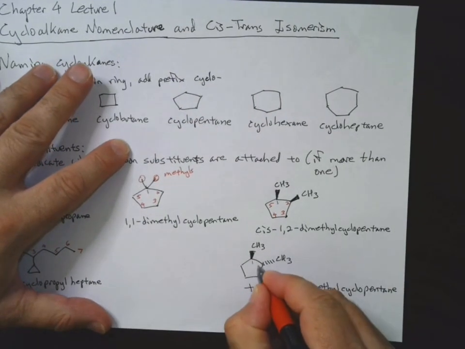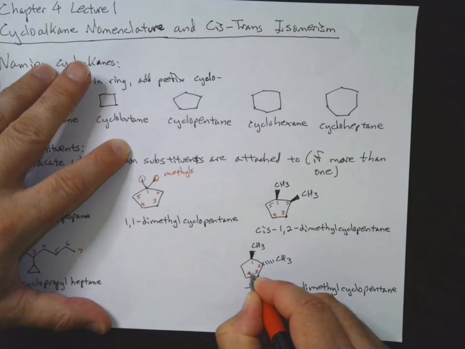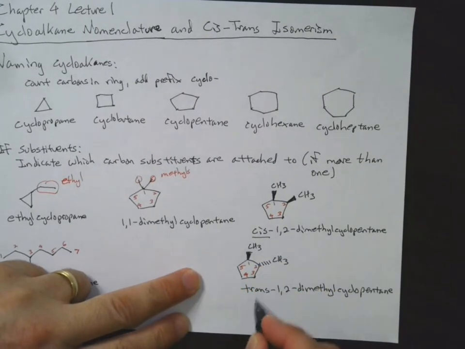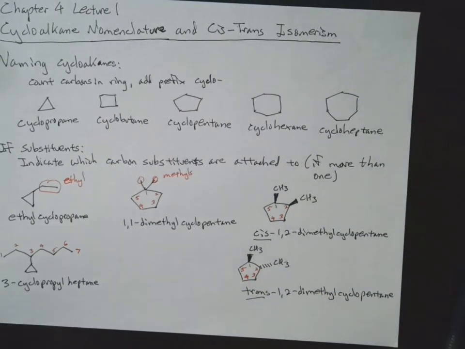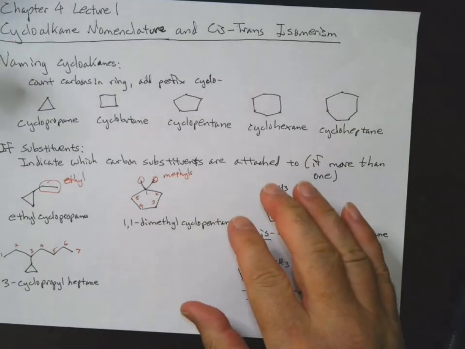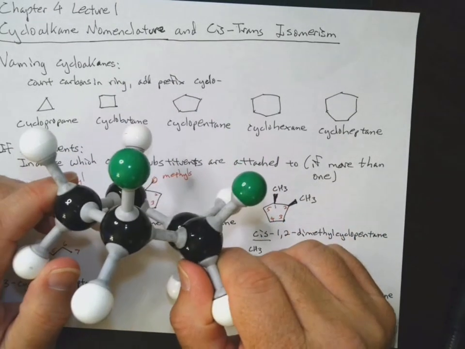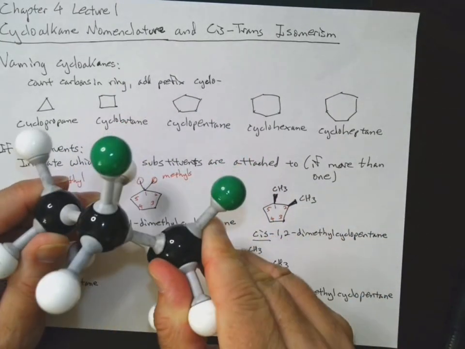Again, 1, 2, 3, 4, 5. And cis-trans isomerism refers to the relative positions of our substituents on our ring. In this case, I've used green to indicate the methyls. And so here's my ring.